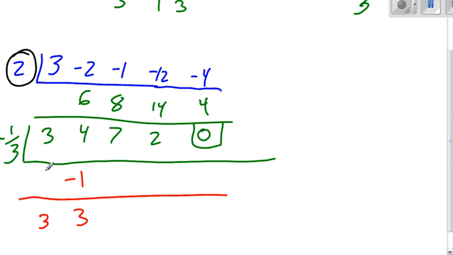Add, you get 3. Multiply, again, that's negative 1. Add, you get 6. 6 times negative 1/3 would be 6 over 3, which is 2, and so it's negative 2. Add, you get 0. That was the last thing, so we have a remainder of 0, so yes, negative 1/3 is a 0 of the polynomial.